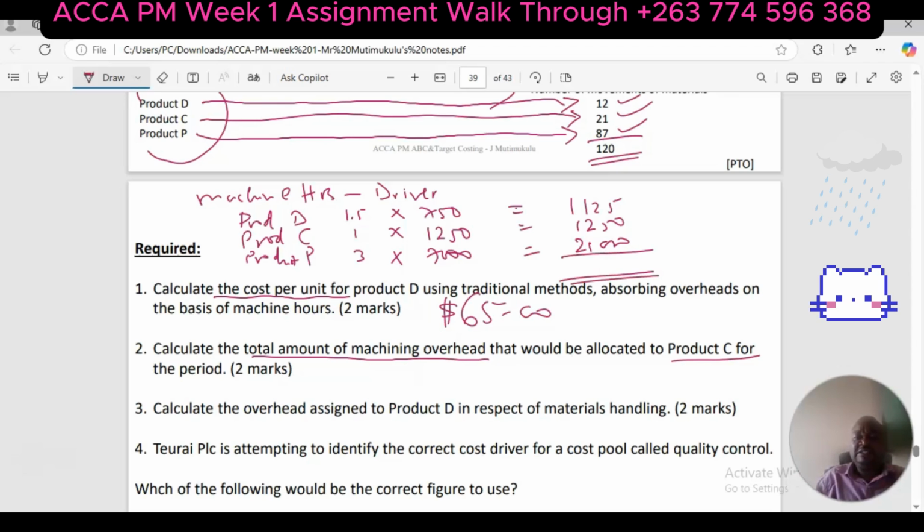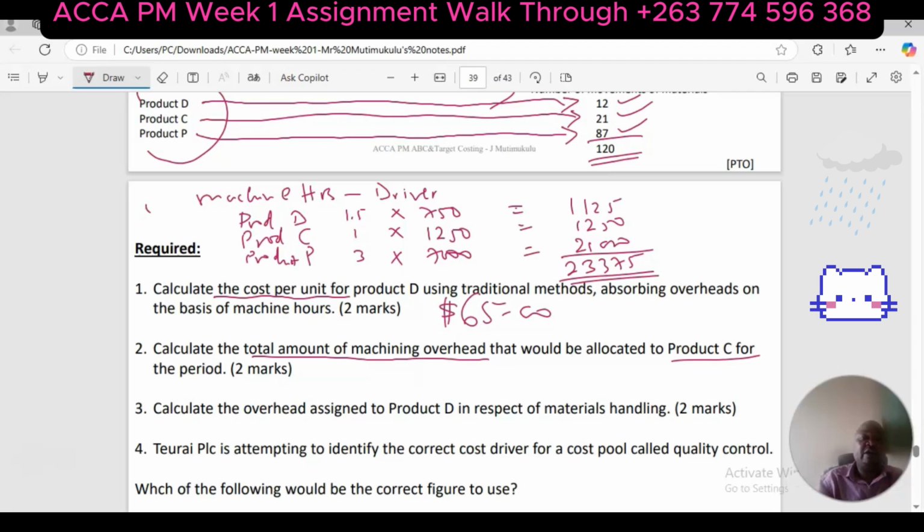So the total machine hours for production were 1,125 plus 1,250 plus 21,000. We are going to get 23,375. Now we have got that information.